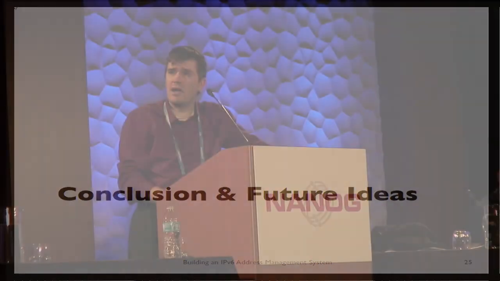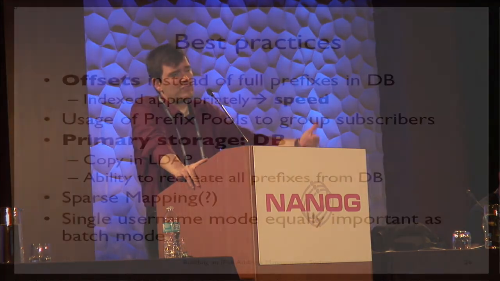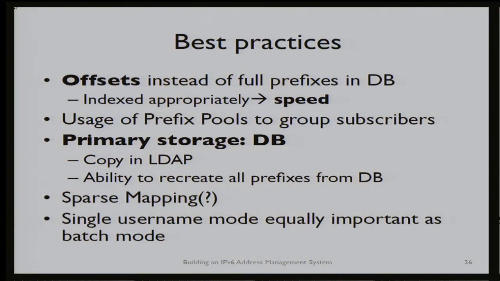So some final slides before I finish. As you can see in both the cases I've shown you, we are storing offsets, non-negative integers, instead of full prefixes in the directory. We are very happy with this decision because when indexed properly, we can get a very, very fast response from our relational database.